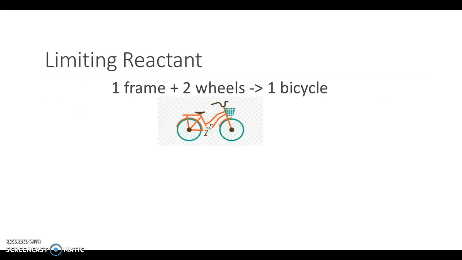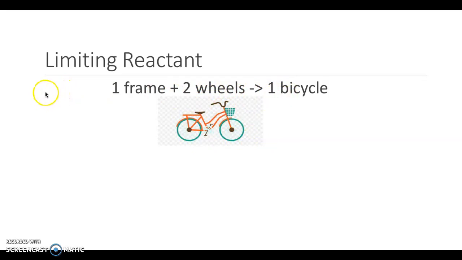So let's go through a practical example of what we mean by a limiting reactant. Let's say you work at a bike shop and your job is to assemble bikes. The reaction for assembling a bike is that it takes 1 frame and 2 wheels to make a finished bicycle.